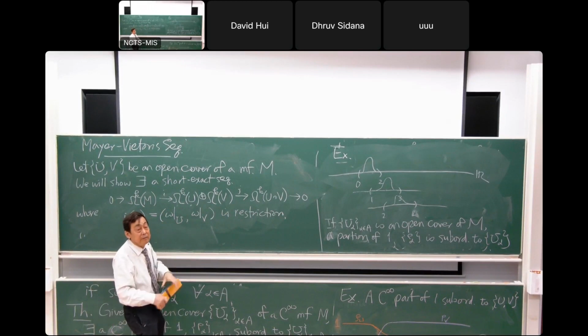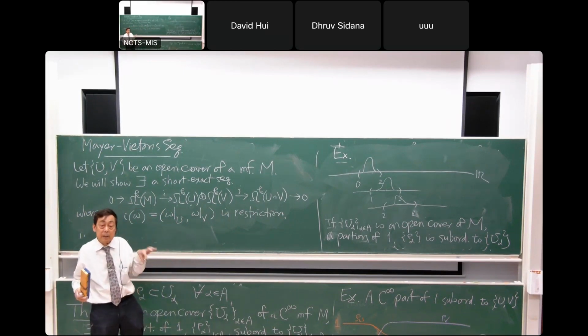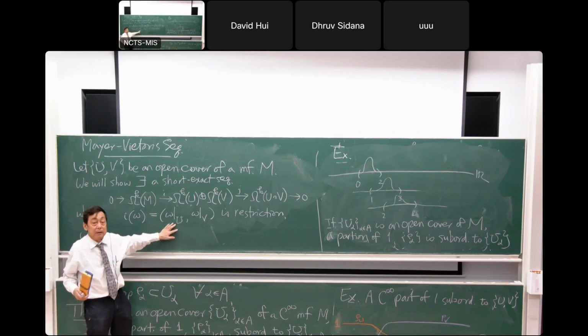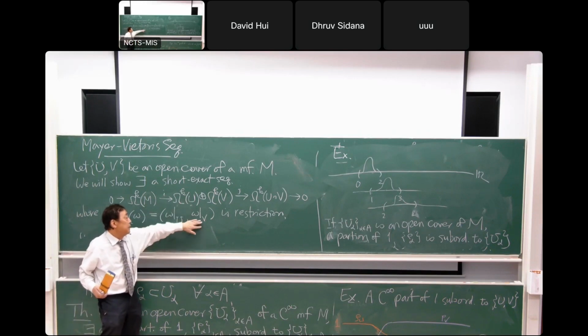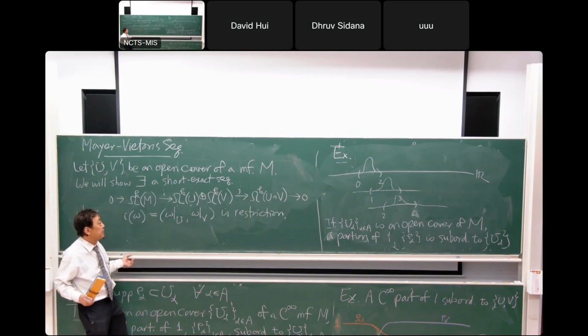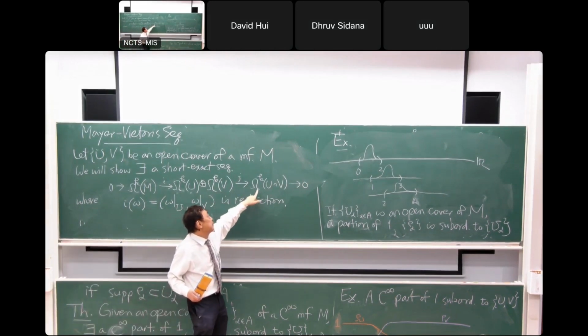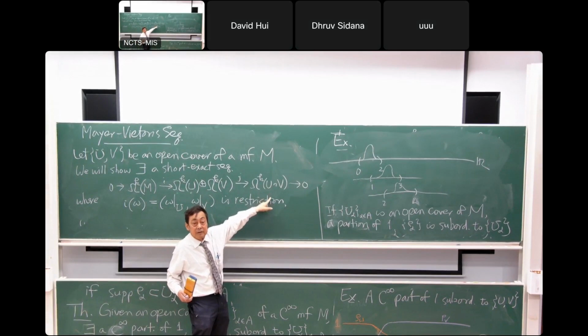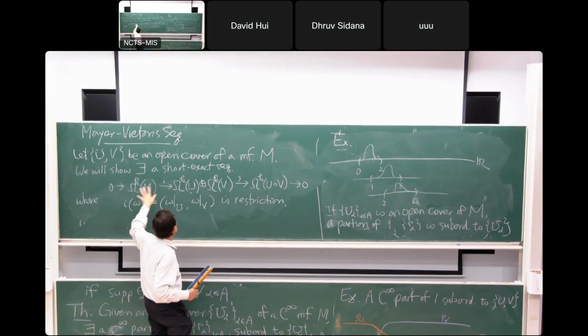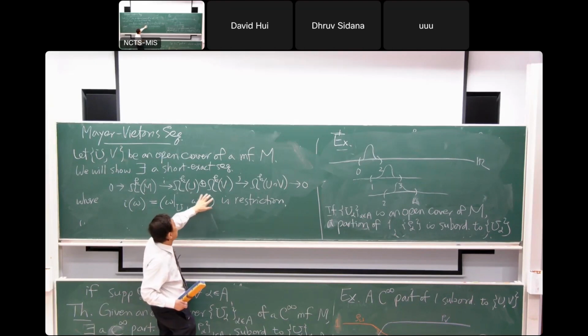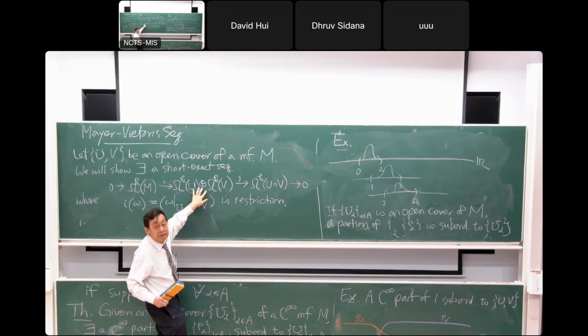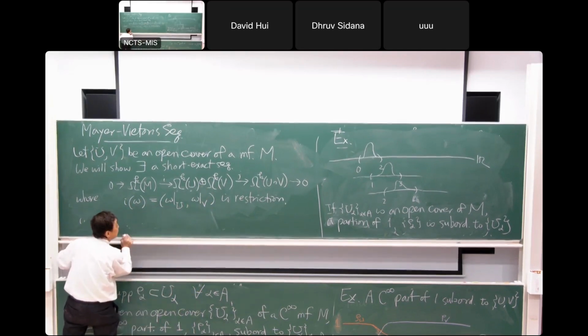A form is a function on the manifold, where to each point you assign an alternating k-tensor, and you can just restrict the domain from M to U or to V. So I is just a restriction. Now J, well, you first restrict to the intersection, but if you want this to be an exact sequence, then you need to subtract the two components. So J is a difference map.